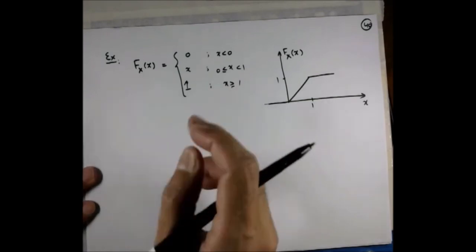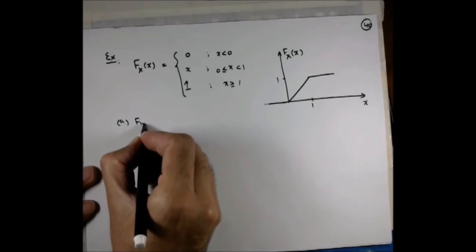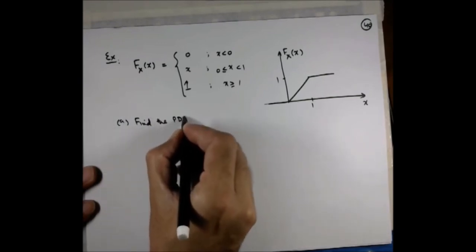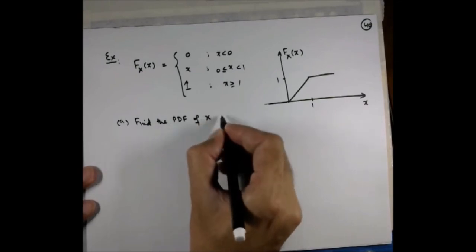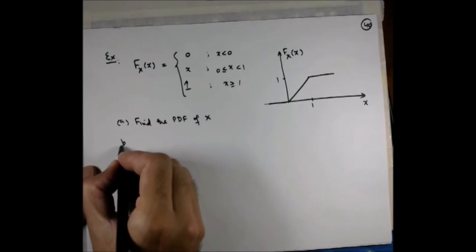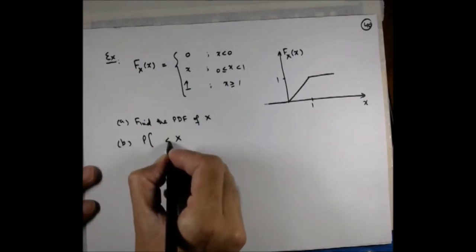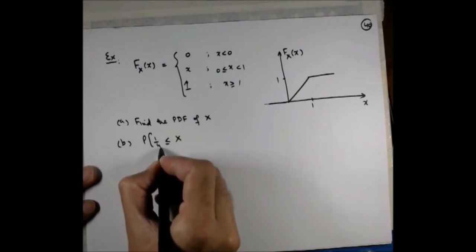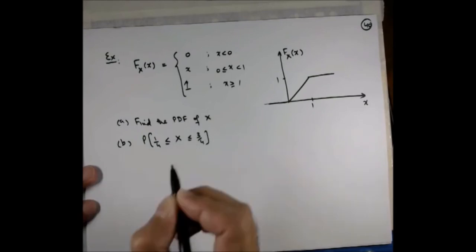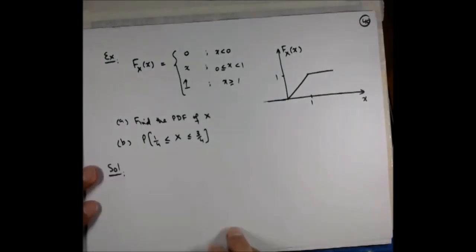Now we want to find A, the PDF of x, and B, the probability that x is greater than or equal to 1 by 4 and less than or equal to 3 by 4. So now I solve this example.